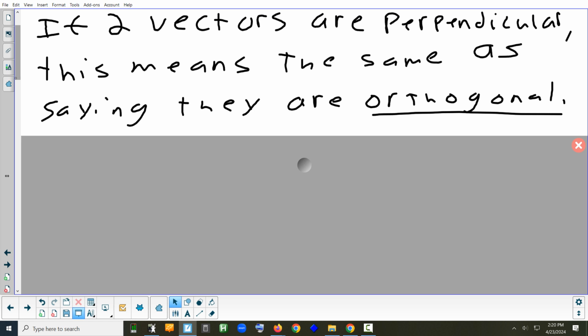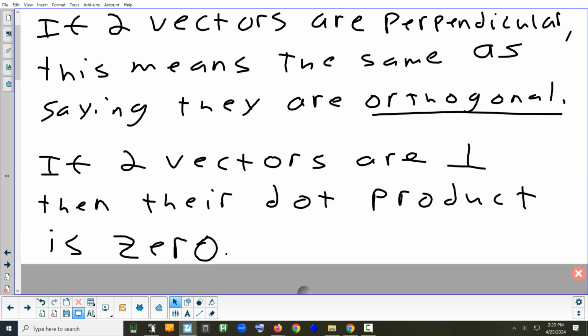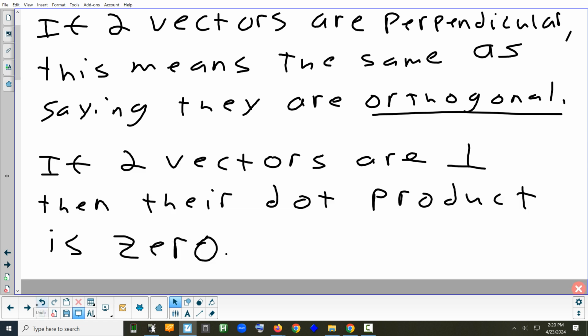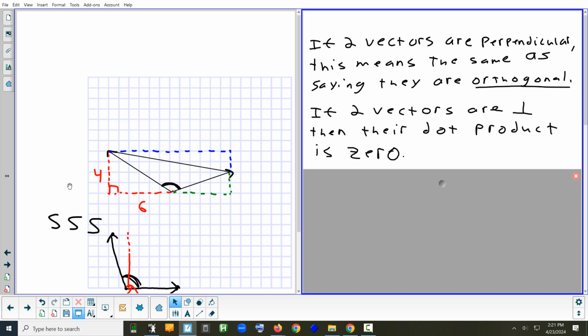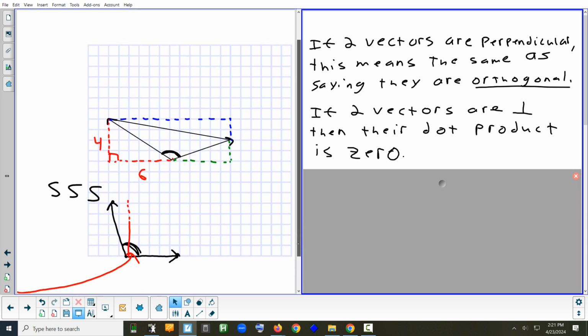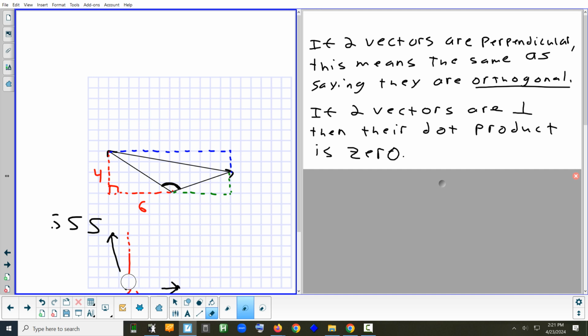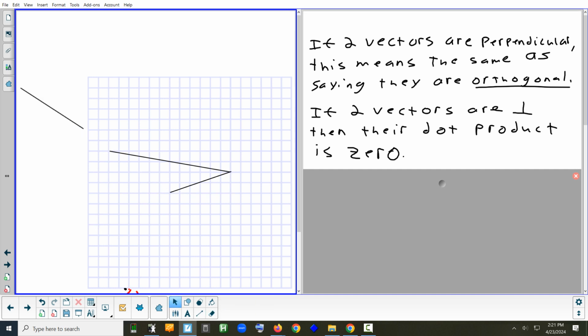Now there is a quick way to figure out if two vectors are perpendicular. Really quick way. All you have to do is find the dot product. If the dot product comes out to 0, then the vectors are automatically perpendicular. Let me draw two vectors that are perpendicular, and let's see if that works.